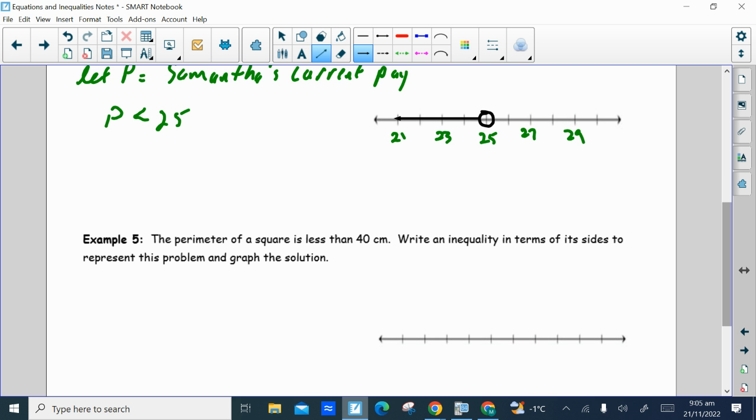Example 5 says the perimeter of a square is less than 40 centimeters. Write an inequality in terms of its sides to represent this problem and graph the solution. Okay, so P, the perimeter.